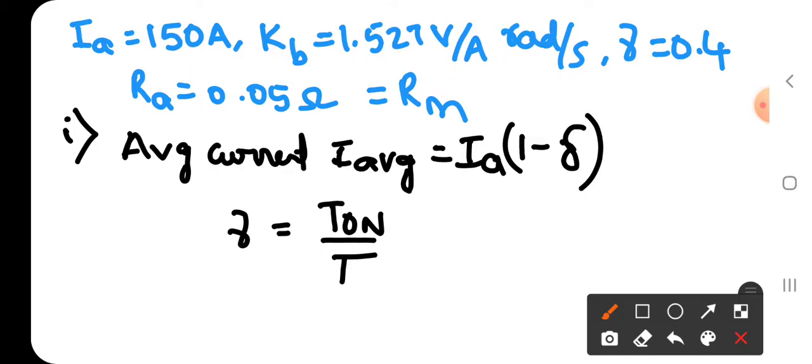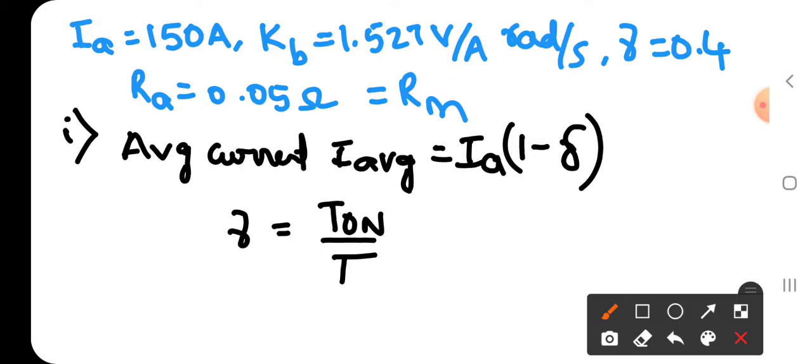That process is called dynamic braking. Rheostatic braking is nothing but dynamic braking. Hence the current will pass through the braking resistance when the chopper is turned off.